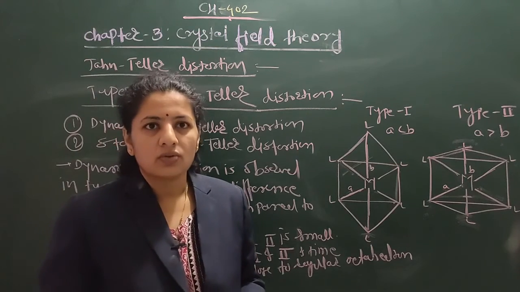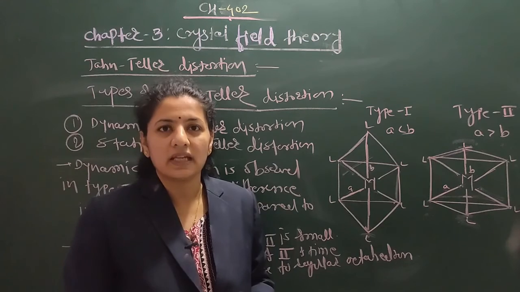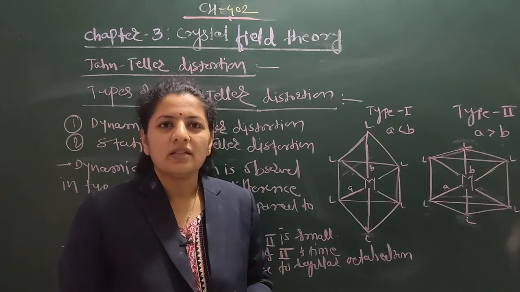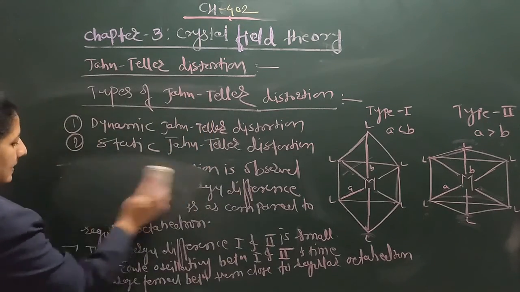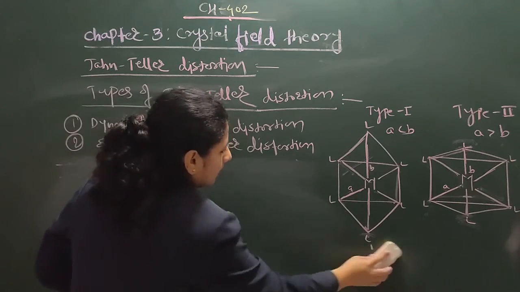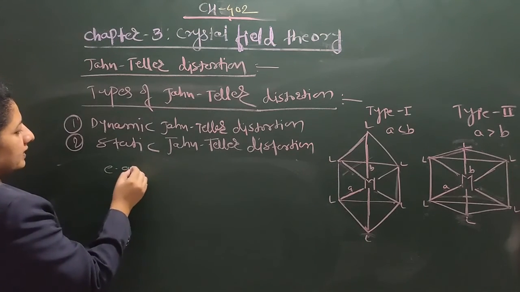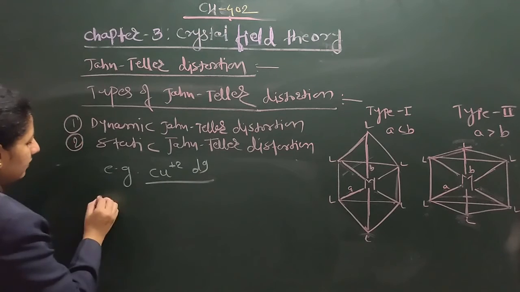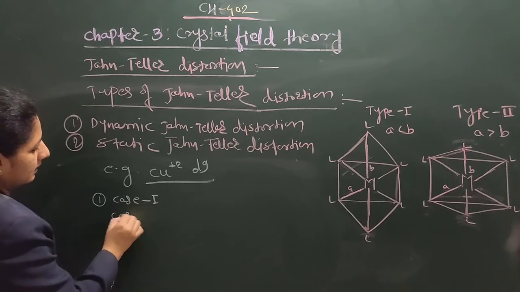If you observe the electronic configuration of copper plus 2, that is a D9 system, then there will be three cases because there is an unsymmetry in the EG orbital. So let's discuss. For example, taking copper plus 2 D9 system, here is case first and case second.